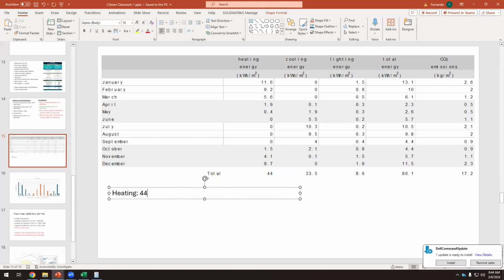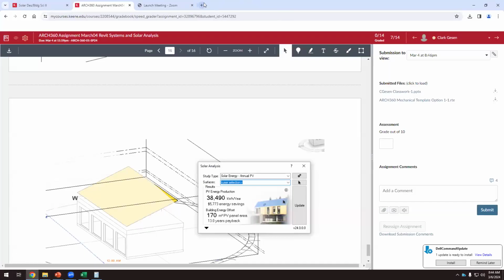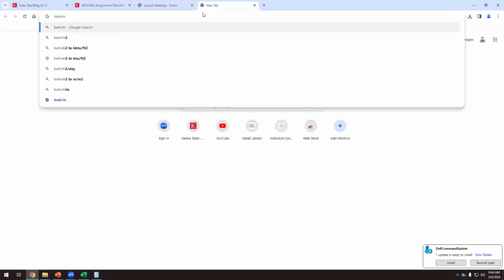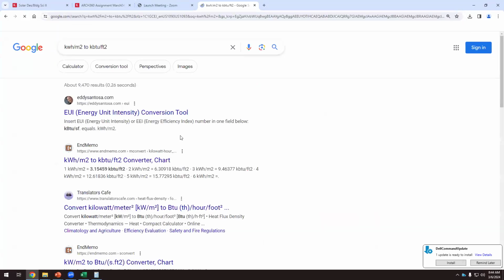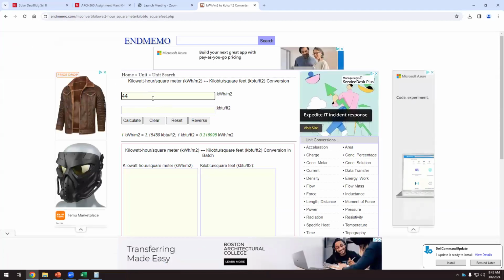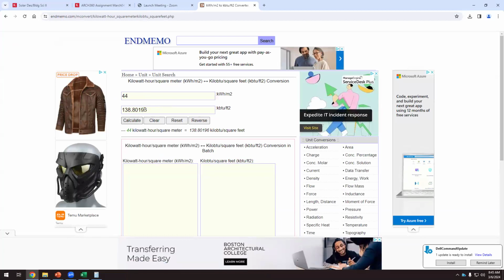The original units on the report is 44 kilowatt hour per square meter. So we need a converter, kilowatt hour per square meter to kBTU per square feet. Yeah, so this is the kilowatt hour. It's 44. Calculate.